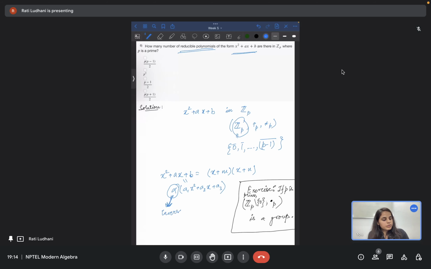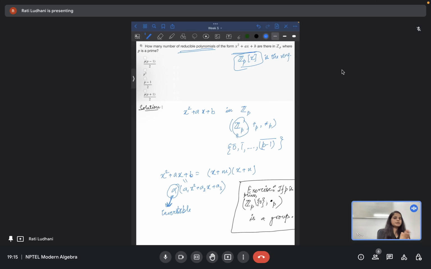When you are looking for reducible polynomials, we are in the set of polynomials, so I should write Z_p[x] as your ring. The usual multiplication and addition is the ring to deal with.